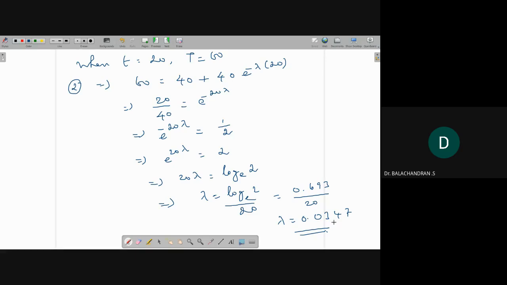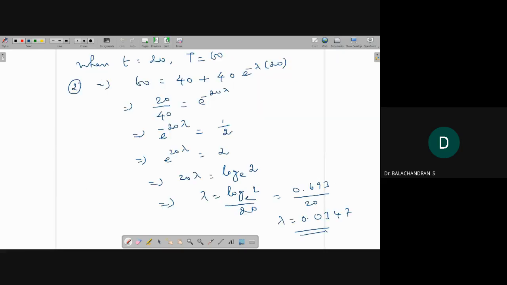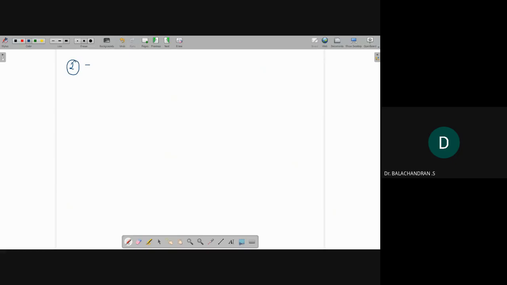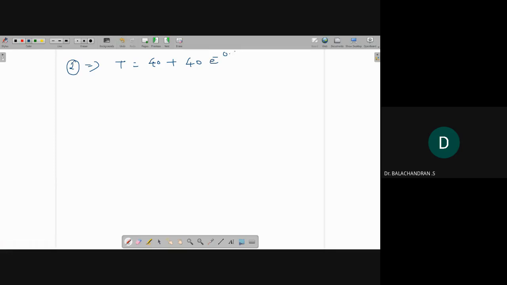Now once you have the lambda, you can substitute in equation 2. So T equal to 40 plus 40 into e power minus lambda t. Up to this is okay. Now I call this equation number 3.